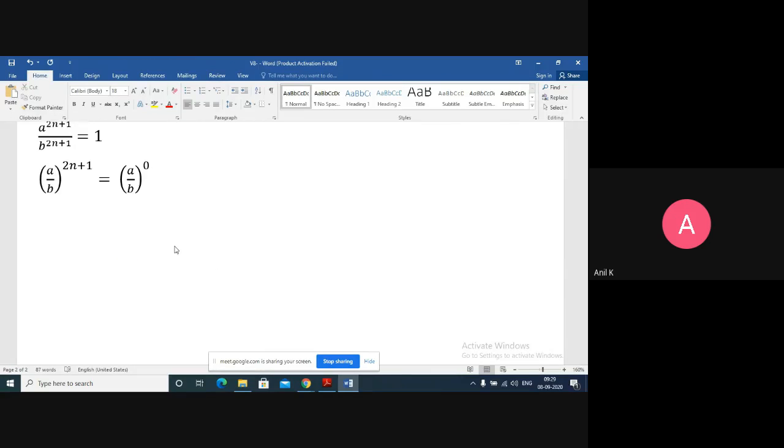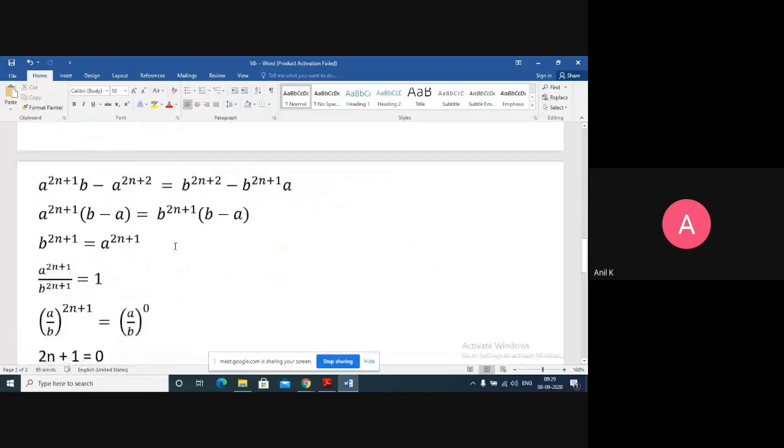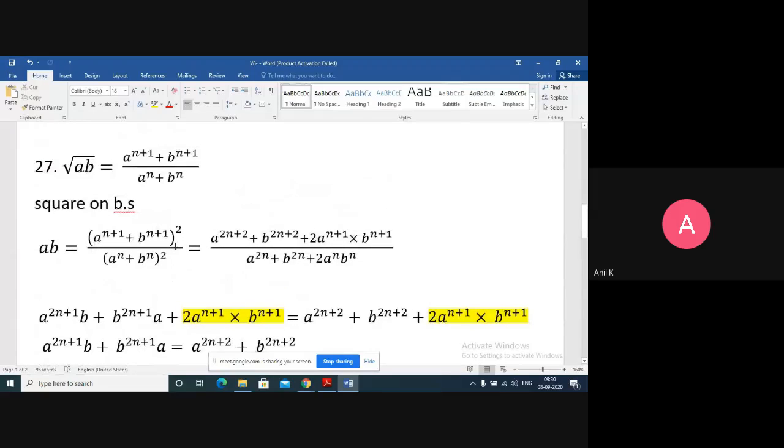So again I use the exponential formulas, bases are the same, so the powers also must be the same. That means 2n plus 1 equals 0. Therefore, n equals minus 1 upon 2. So this is the value of n. If I consider the n value as minus 1 by 2, the given conditions will be satisfied.